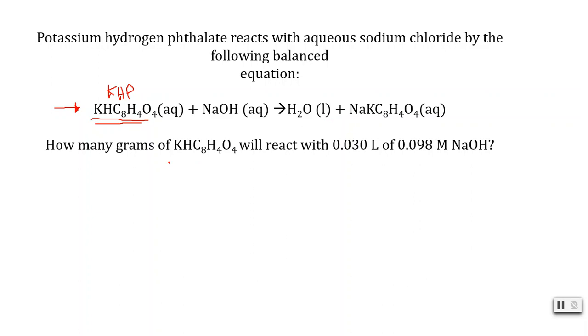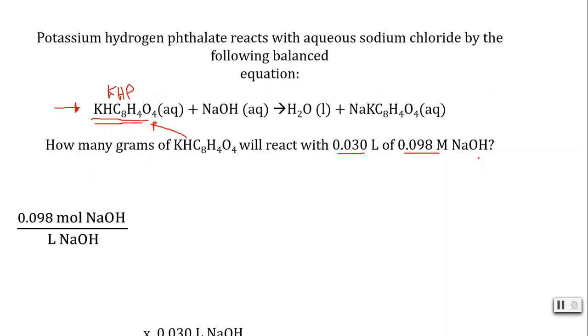And I want to know from that balanced chemical equation how many grams of potassium hydrogen phthalate will react with that volume and this molarity, that concentration of sodium hydroxide. So hopefully you can see that attacking this problem is going to be the same steps as what we did with the previous problem, which is using the molarity multiplied by the volume of sodium hydroxide.